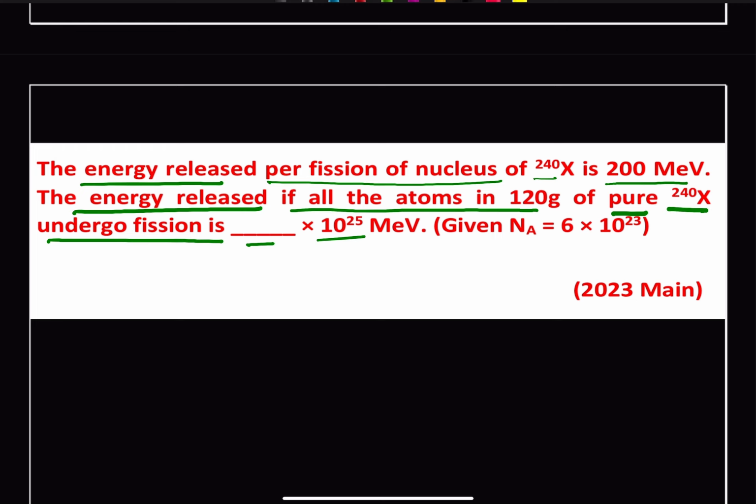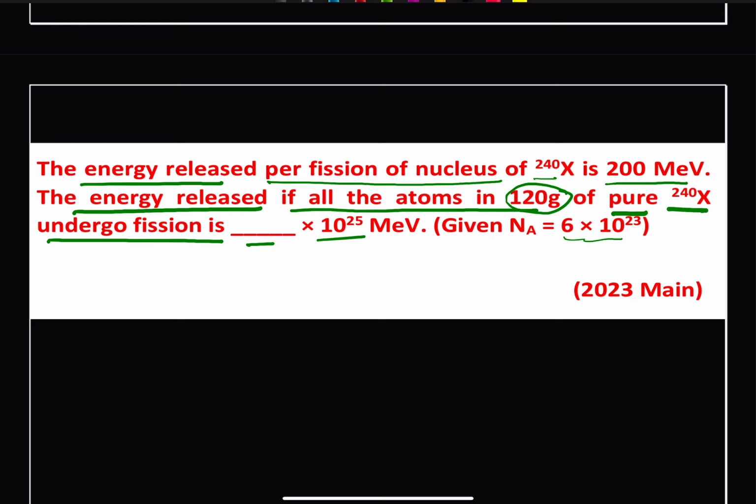So we have to find out its value. We are given that the full fission should consist of 120 gram, the mass number is given to us, and the Avogadro's number is also mentioned to be 6 into 10 to the power 23.